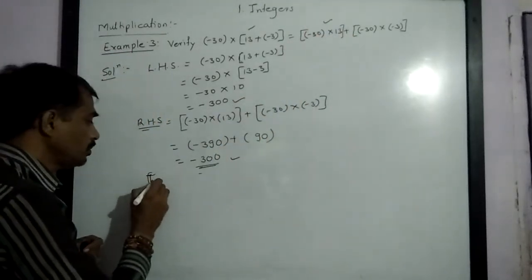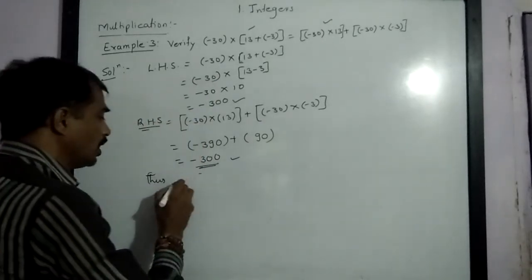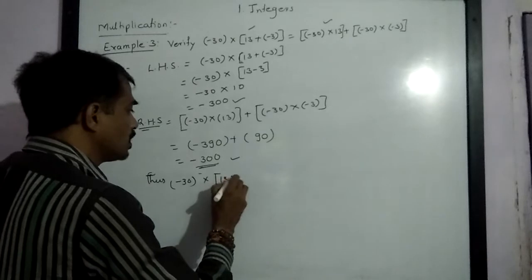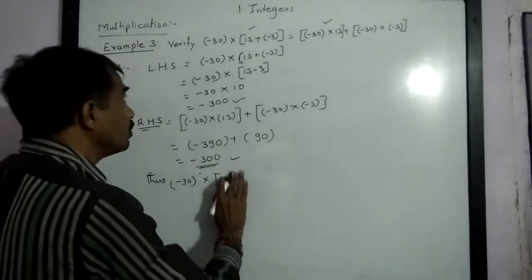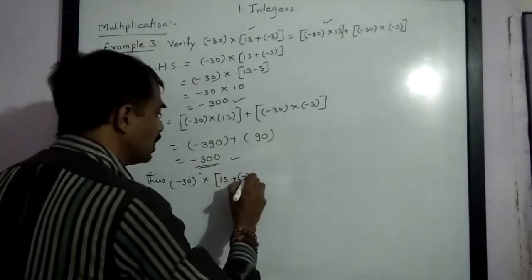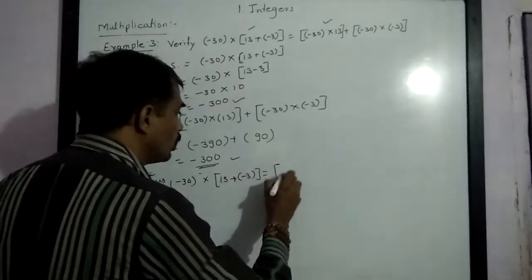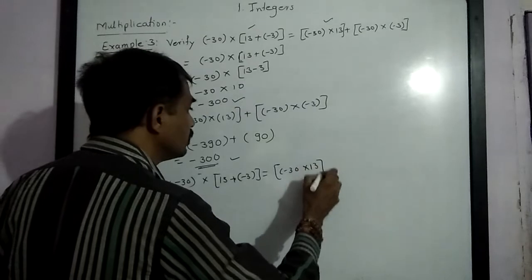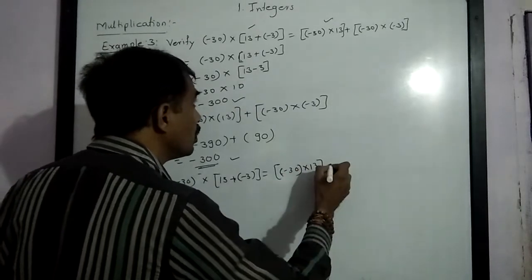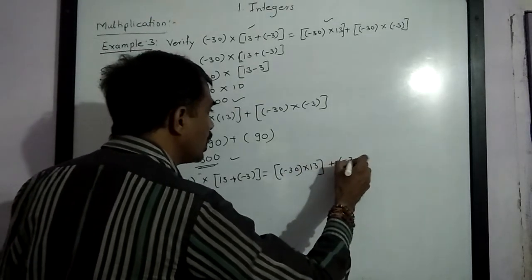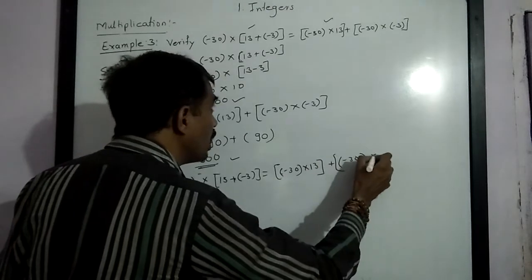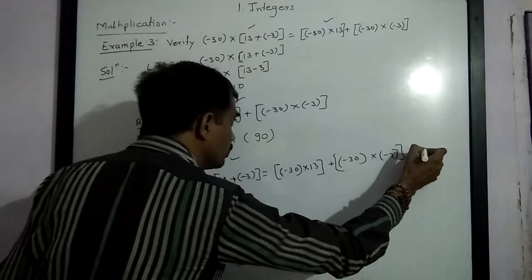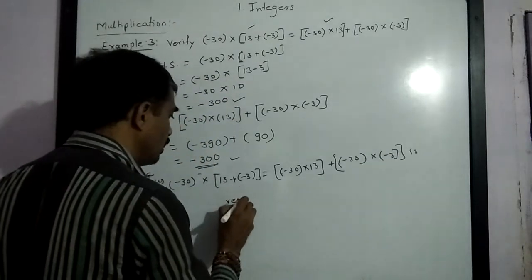Thus, the given question, negative 30 into 13 plus negative 3 is equal to negative 30 multiplied by 13 plus negative 30 multiplied by negative 3, is verified.